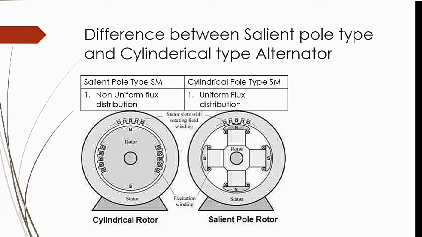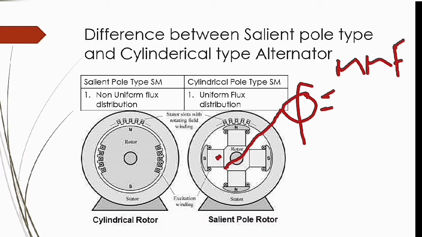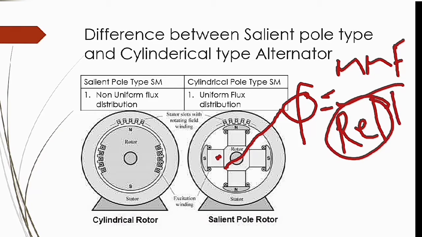Beneath the pole shoe the reluctance is very small, and in the quarter of this the reluctance is large. Because we know phi equals mmf upon reluctance, if reluctance is small then flux is high.